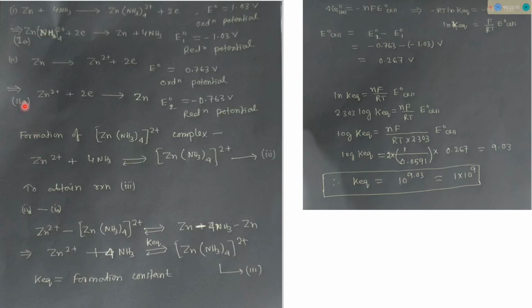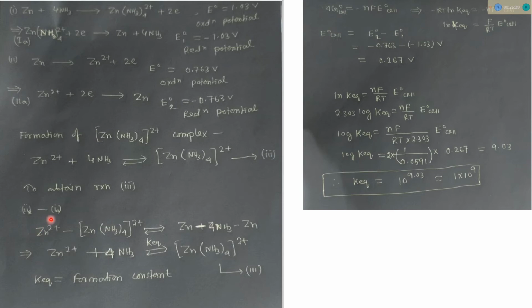The oxidation reactions as in the given question, I just rewrite as reduction reactions by placing the reaction in the opposite direction. So 1A is the reduction reaction for the first oxidation reaction, and 2A is the reduction reaction for the second.